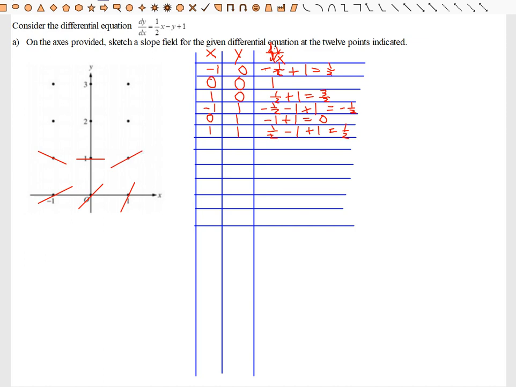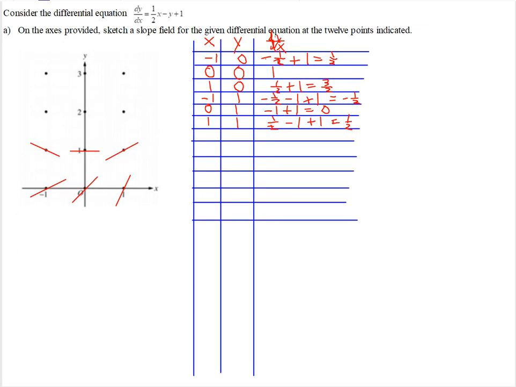So halfway there. Now let's substitute in -1, 2. So I'll give you -1/2 minus 2 plus 1. So that's -2 plus 1 is -1, -1/2 minus 1, that's -3/2. So that would be from here, down 3, right 2, about headed towards that point.